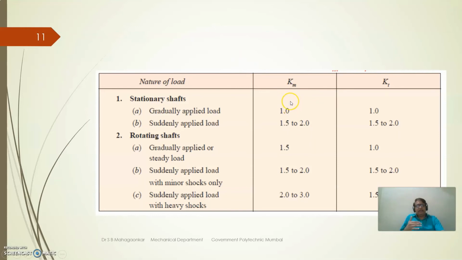If some important data are missing, in that case I have to assume. So as per the ASME code equation, these are the KB and KT factors that you can use in the strength equation for the tensile and the strength equation of the shaft for the torque.